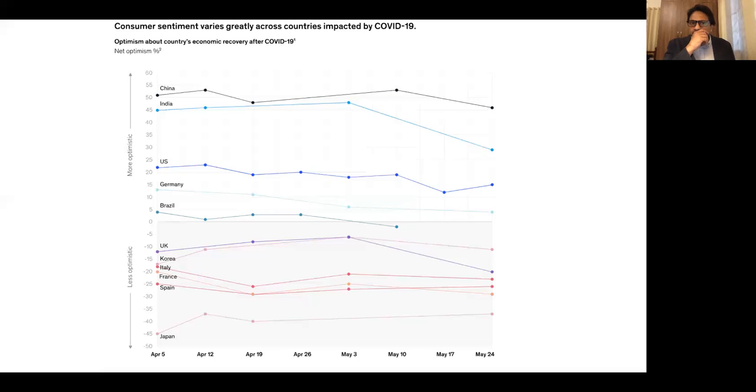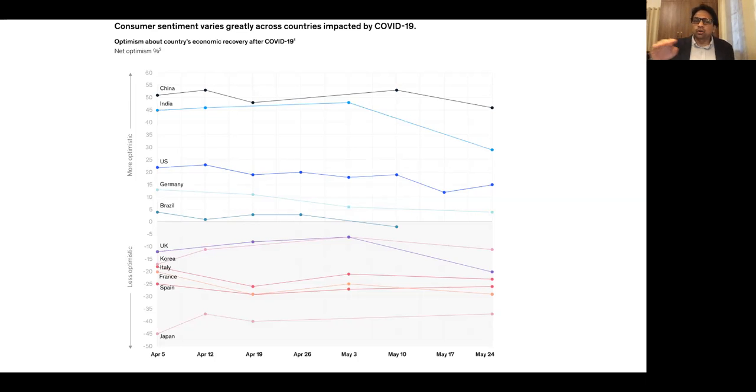Some of the countries are seeing some amount of positive or optimistic and pessimistic behavior, but from March onwards, it has been a steady decline, with just slight ups and downs.